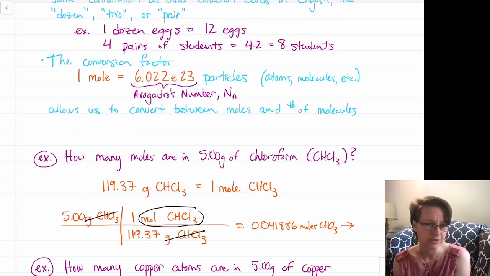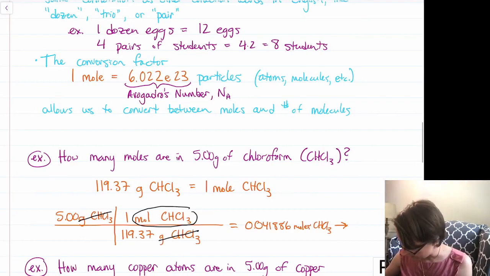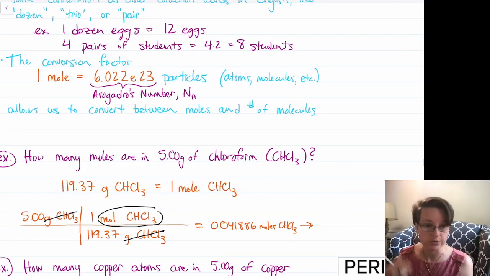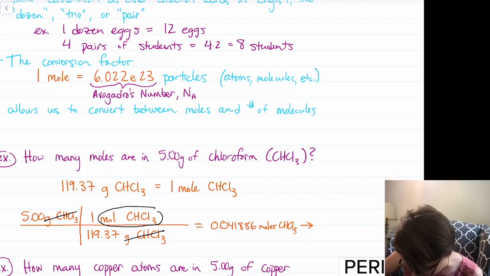Our molecular weights are termed exact quantities, so they don't factor into how many sig figs we report in the final answer. And so here I'm just using this 5.00 with 3 sig figs, and so I'll go ahead and report my answer to 3 sig figs as well, which would be rounded to 0.0419 moles of chloroform.